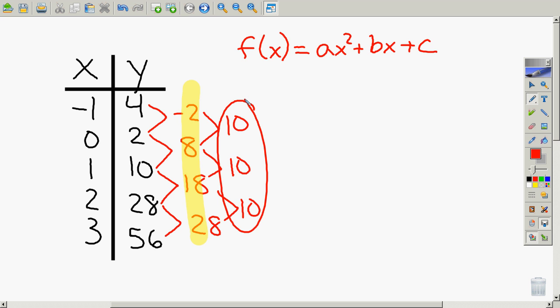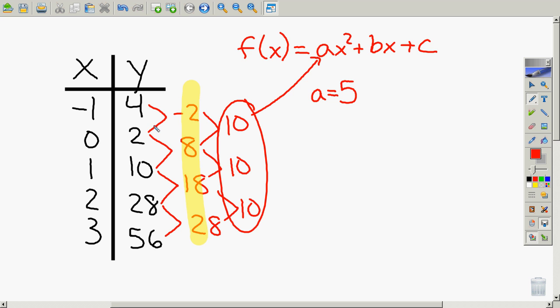We learned yesterday that this number and a are related. And they're related because a is always half of the change in the change. So right now we know that a must be half of 10, which is 5. We also know c because c is the constant.